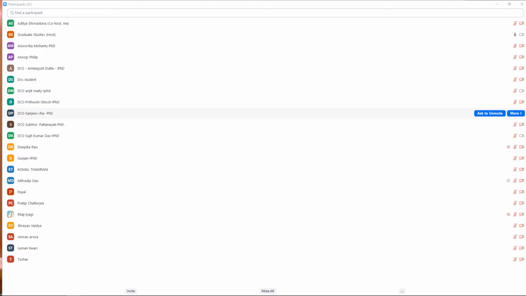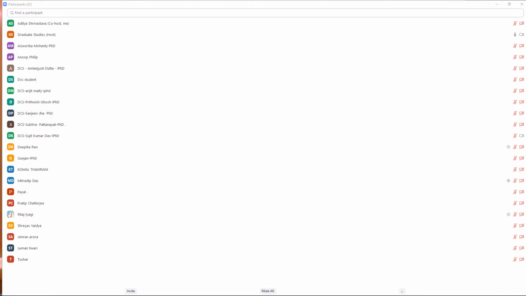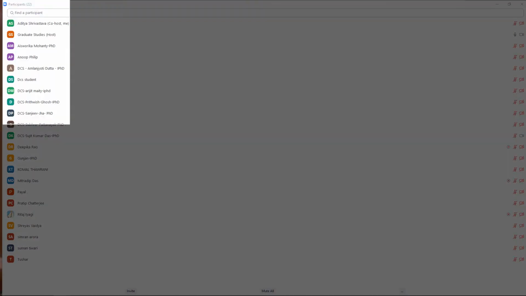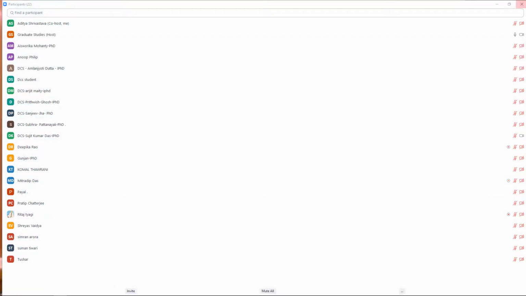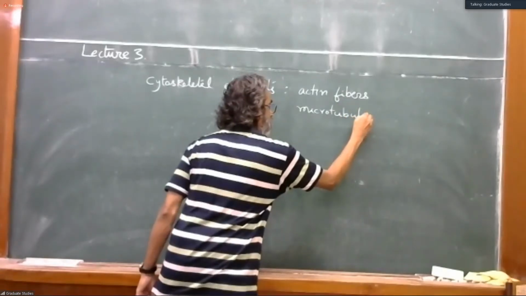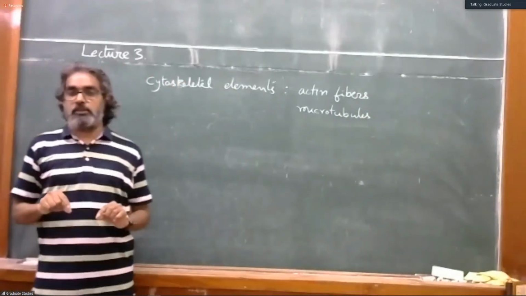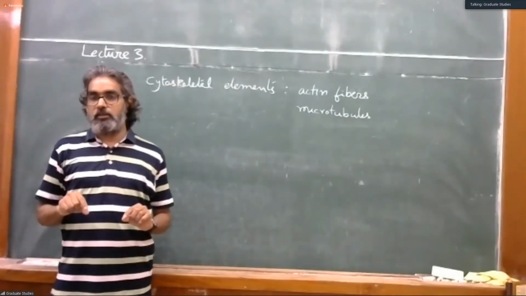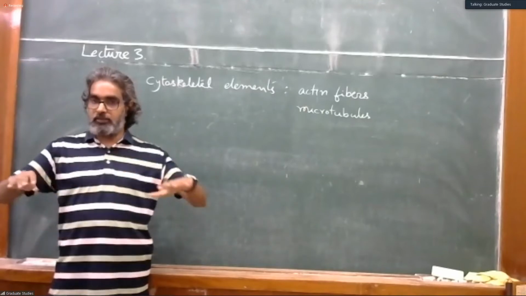I told about actin fibers and then microtubules. These form really long filamentous elements inside the cell, which partly provide the structure and rigidity to the cell so that it doesn't become flattened.